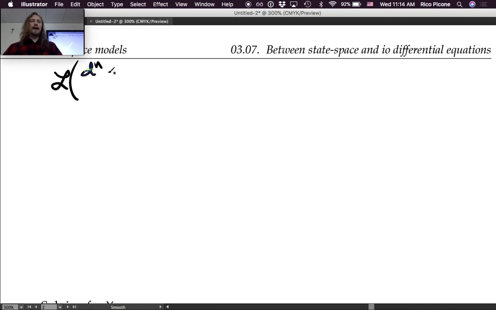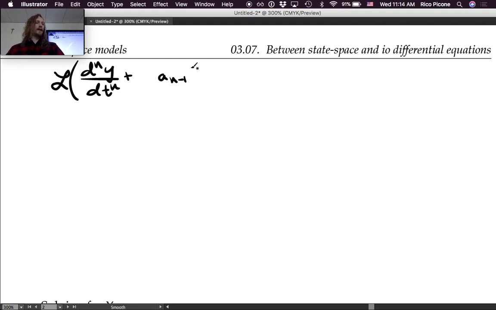the nth time derivative of y, d^n y over dt^n, plus a n minus 1. I made the first coefficient 1 as usual.